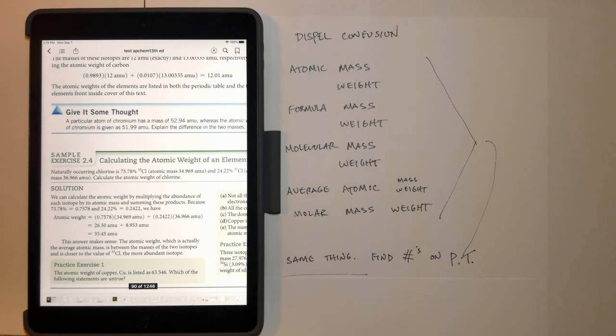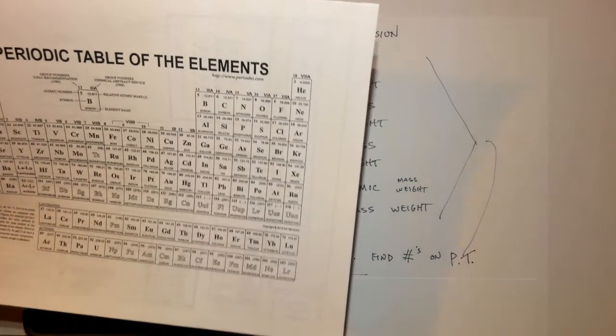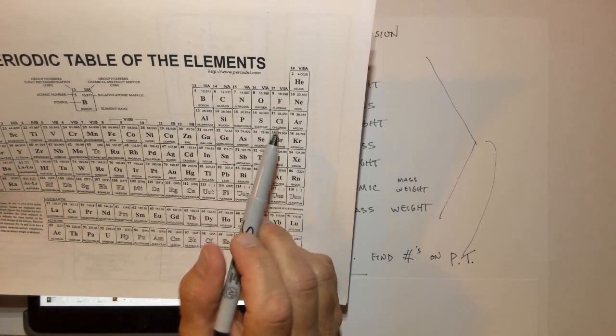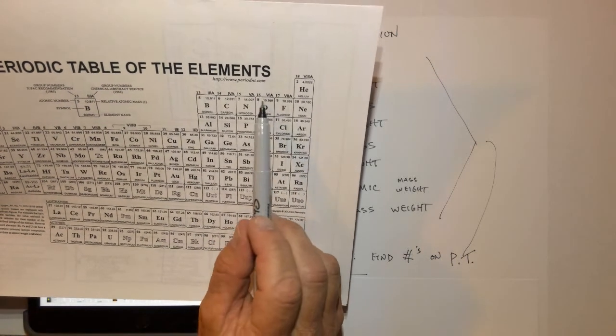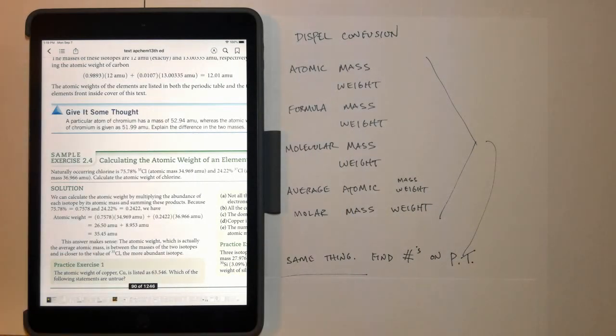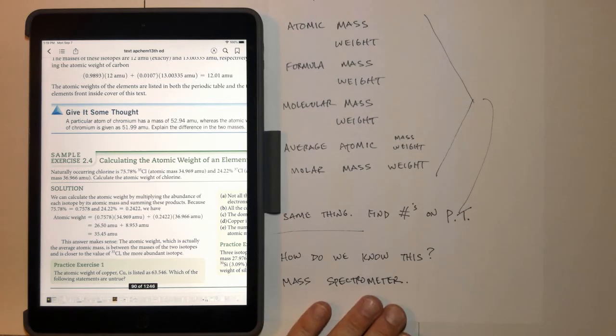They mean find the number on the periodic table in the upper right-hand corner. Find this number, usually with a decimal, in the upper right-hand corner. That's what all of these mean. They mean what is that average or relative mass for a sample. So how do we know this number?